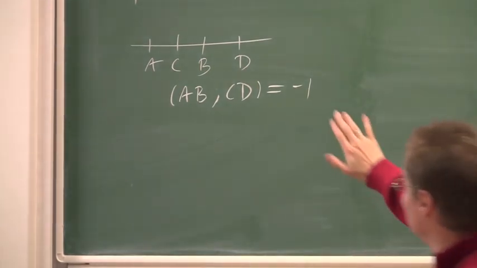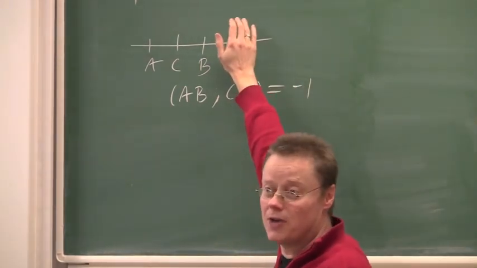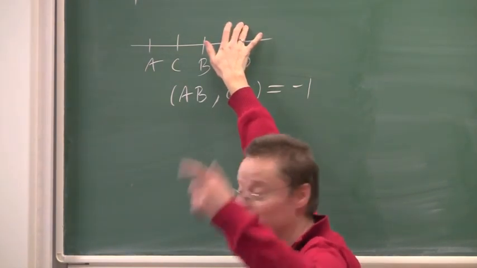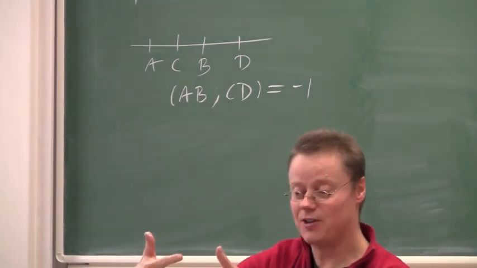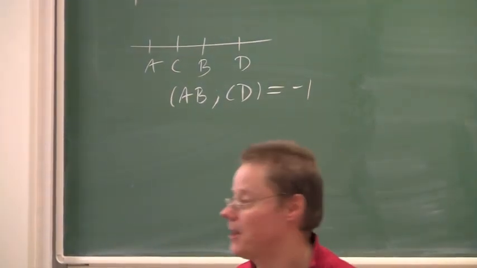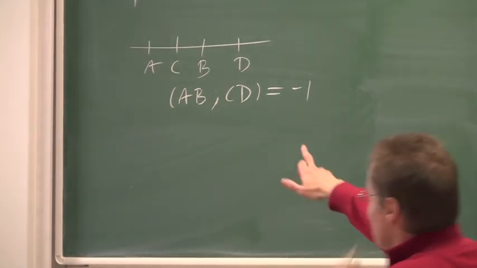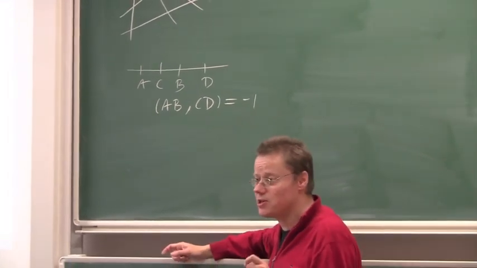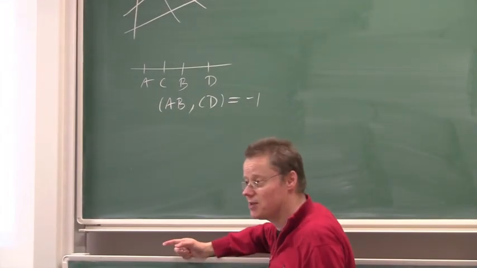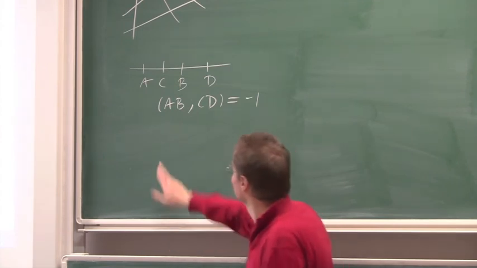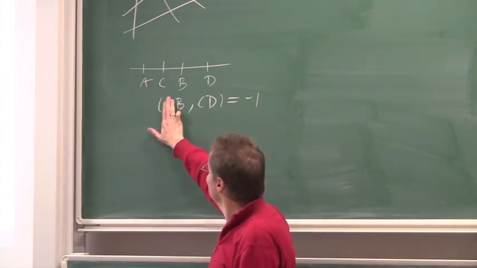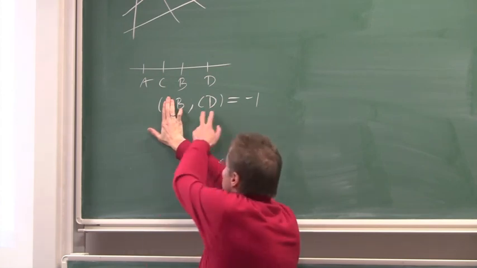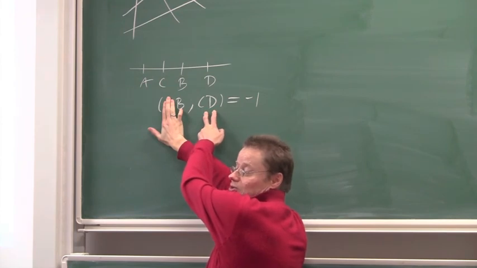If you have 3 points, then there is no way of saying that one of the points lies between the other 2, because the projective line is a circle. But if you have 4 points, then you can say that they alternate. That means that cross ratio is negative. If we have this, and who asked the question about fourth? You choose one of the letters A, B, C, D. A. Then we say that A is the fourth harmonic point of B with respect to C and D. That's the fourth harmonic.